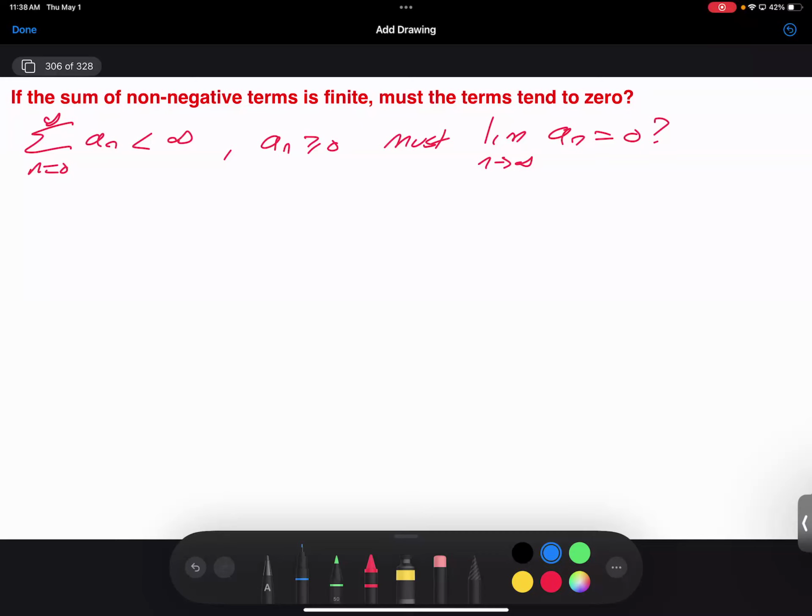If the sum is finite. Yeah, it has to go to, okay, it's the tail of the series. So yes, the tail must go to 0.